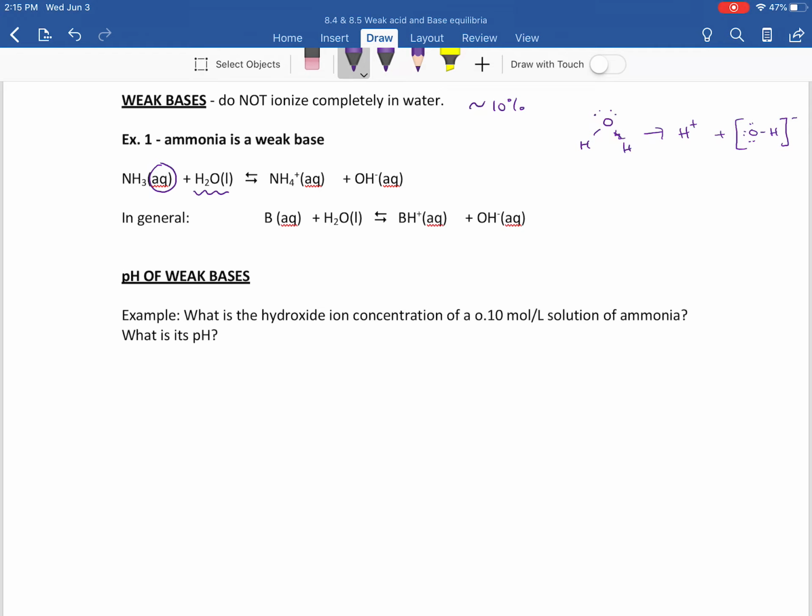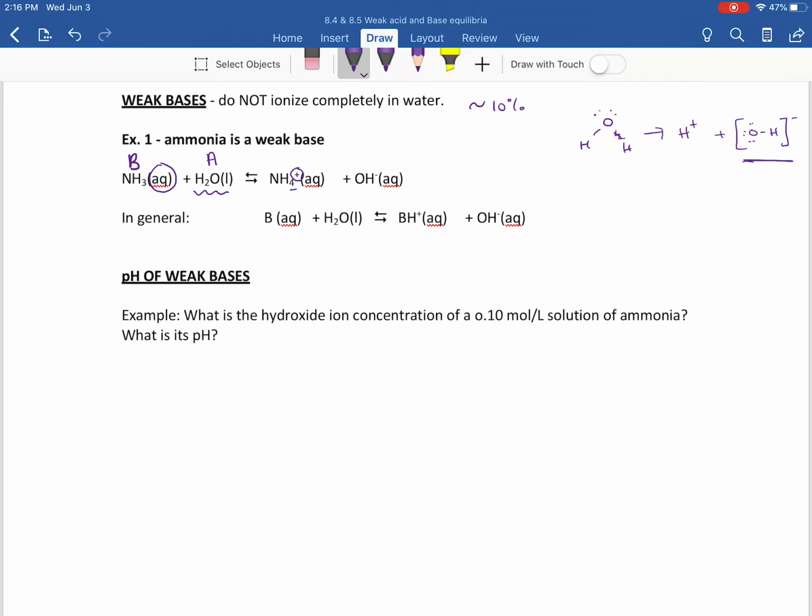Okay, so when we take a look here, ammonia is our base because it accepts the proton from the water. And in accepting the proton from the water, it gains an H and it gains the positive charge. And water, like I just showed you here, loses its proton.